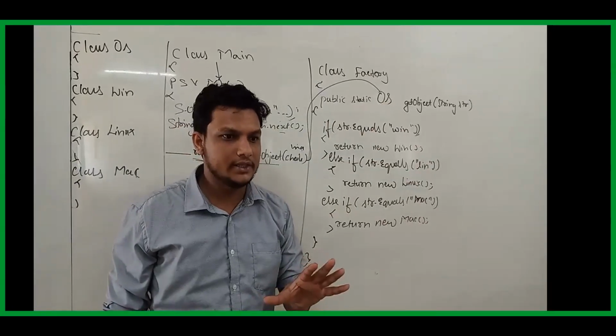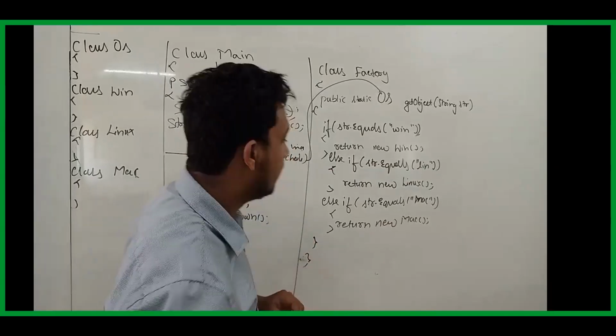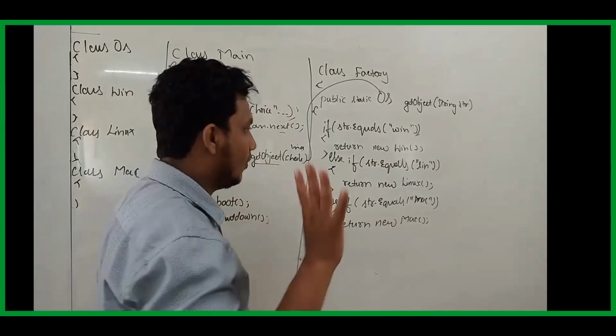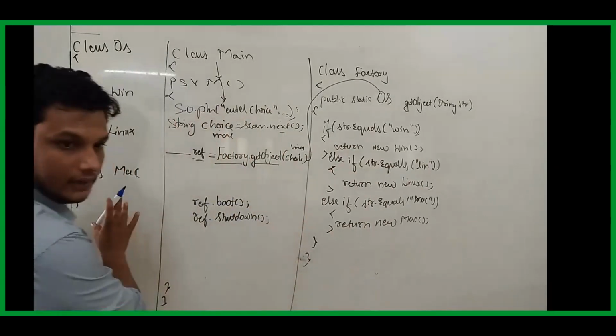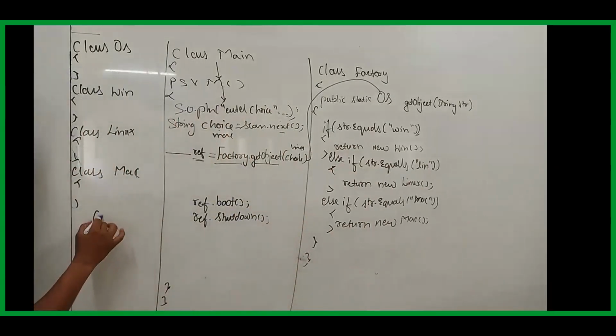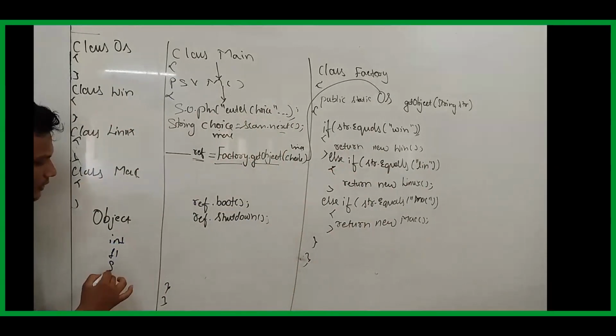Understanding? Online, you understanding? Yes, sir. Good. Any doubts, please do ask. Let me repeat my point here. Object is the top level. That is, int, float, string, all come under the object only.